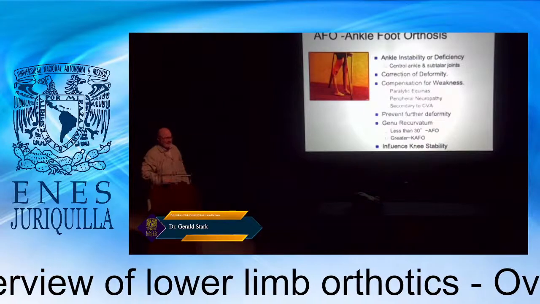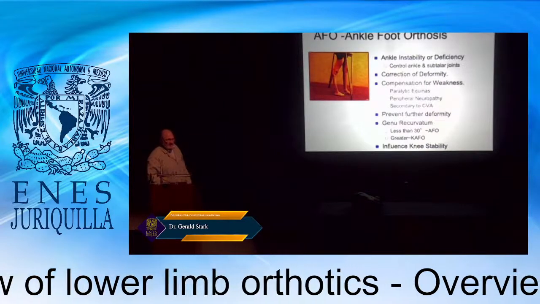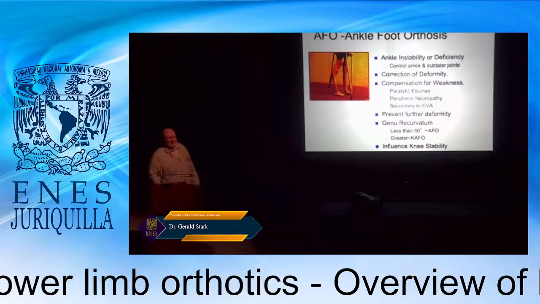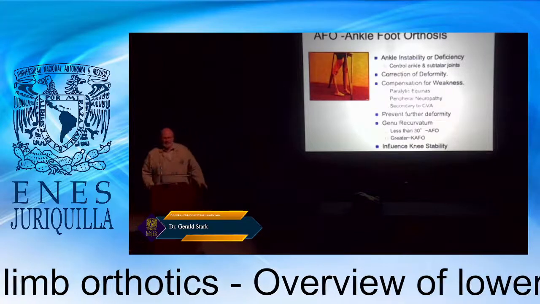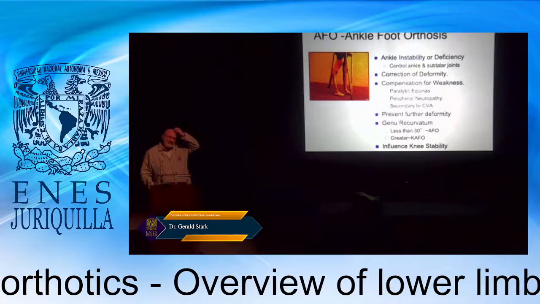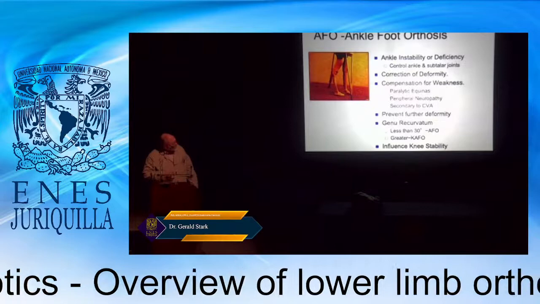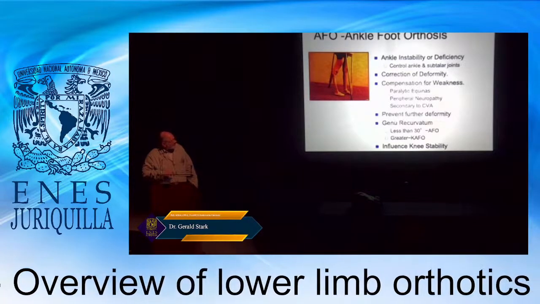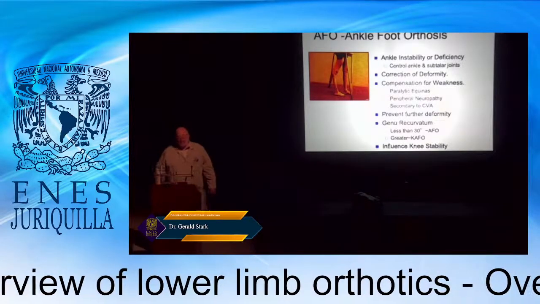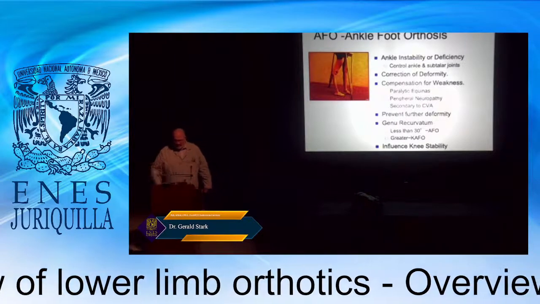And so what happens is, because you can't dorsiflex in swing, you end up picking your knees up farther. And these are very easily identified socially. So we call this paralytic equinus. It can also be secondary to a cerebrovascular accident.